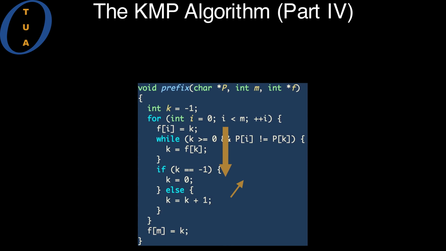Therefore, each strict decrease in the while loop must correspond to at least one increase in the for loop, which means that the number of iterations of the while loop throughout the entire execution of the algorithm cannot be bigger than m, the number of iterations of the for loop.